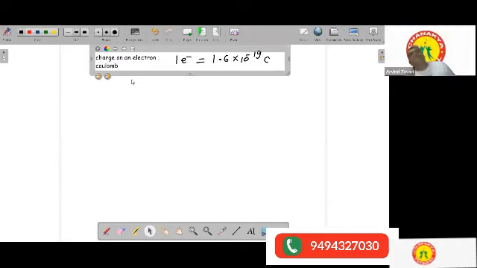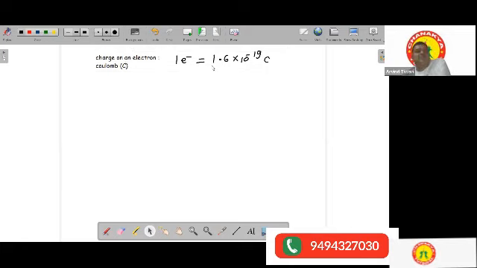Coulomb is the SI unit of charge, generally represented by capital C. Now we understood how the charge on an electron is represented. This is a very small amount of charge that is there on an electron.